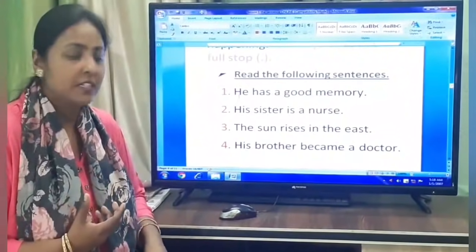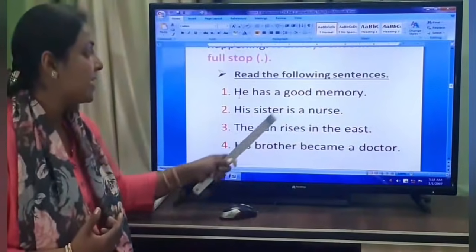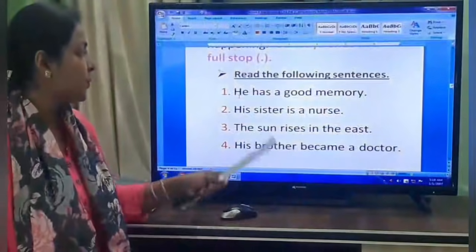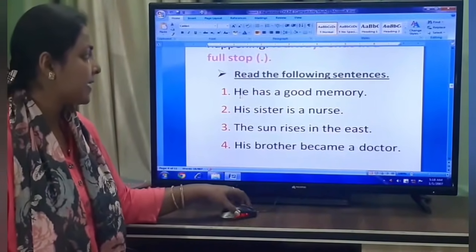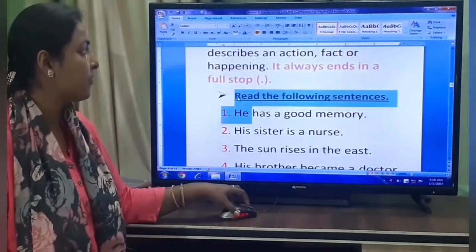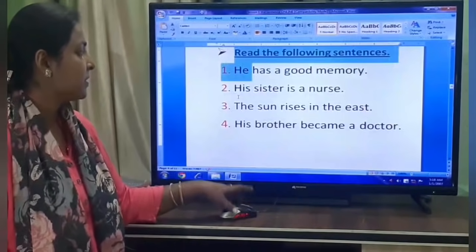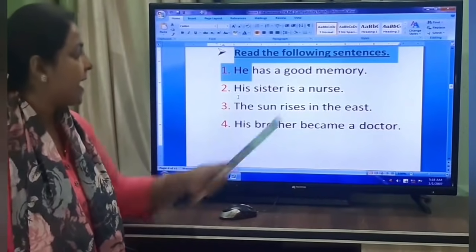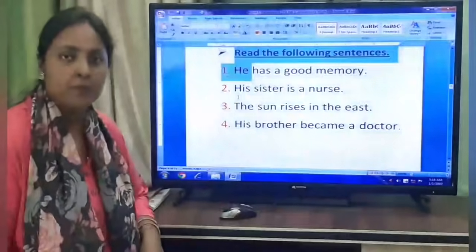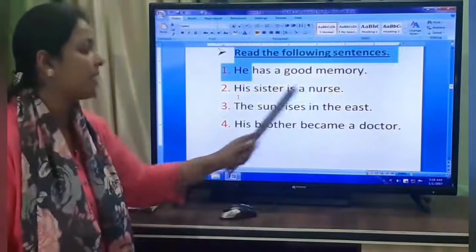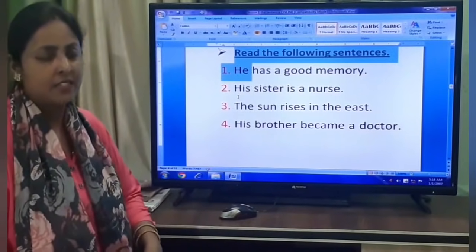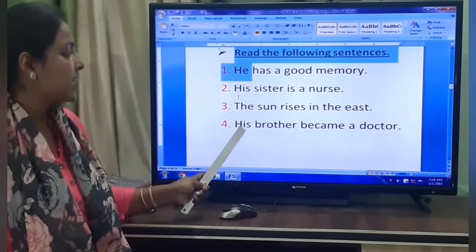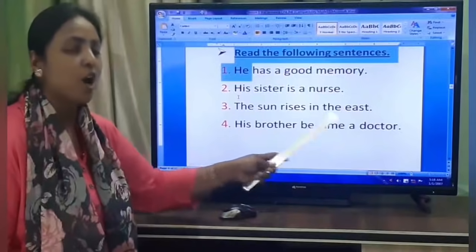The sun rises in the east. The sentence tells you about a fact. It starts with the capital letter and ends with a full stop. It is a simple sentence. The next example is, his brother became a doctor.